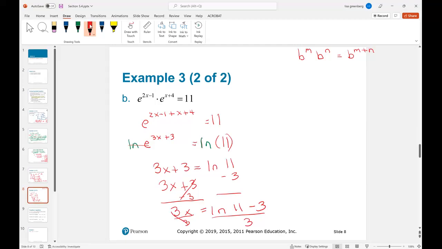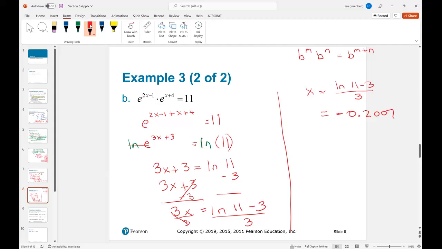And I get x equals the natural log of 11 minus 3 over 3, which is equal to approximately negative 0.2007.